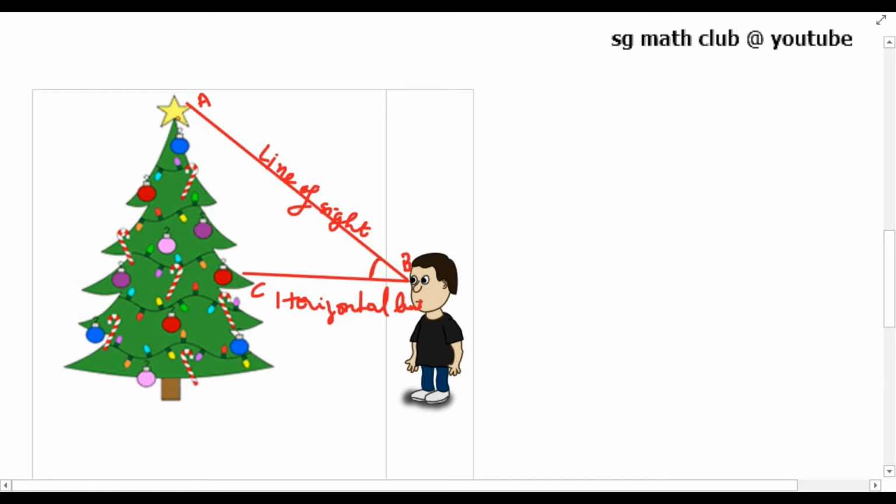You can see it is above the horizontal level. This is the horizontal level. In simple words, angle of elevation is the angle between line of sight and the horizontal level. In this case, he will be raising his head to look at the object. So that is the meaning of line of sight and angle of elevation.